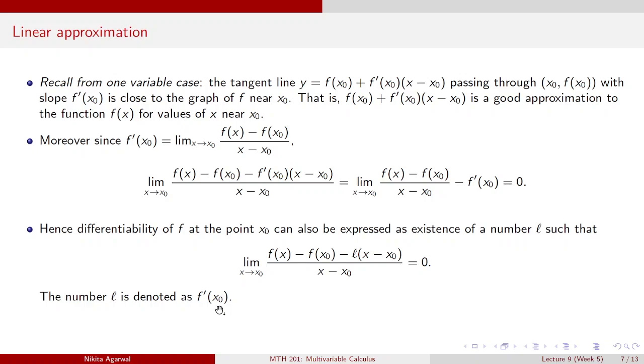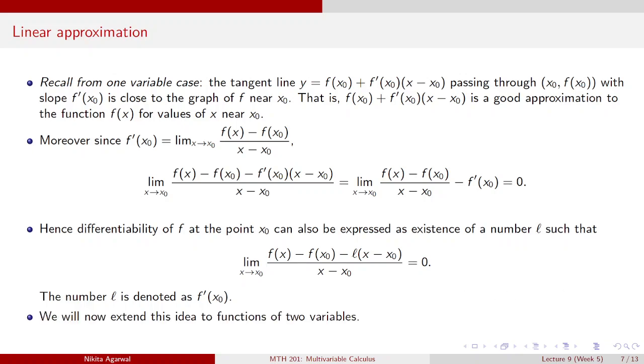Instead of saying that f is differentiable at x0 if this limit exists, you rewrite it as the existence of a number L such that this limit is 0. So these are similar notions, right? They are equivalent notions. We are going to use the second expression for functions of more than one variable. It turns out to be more useful.